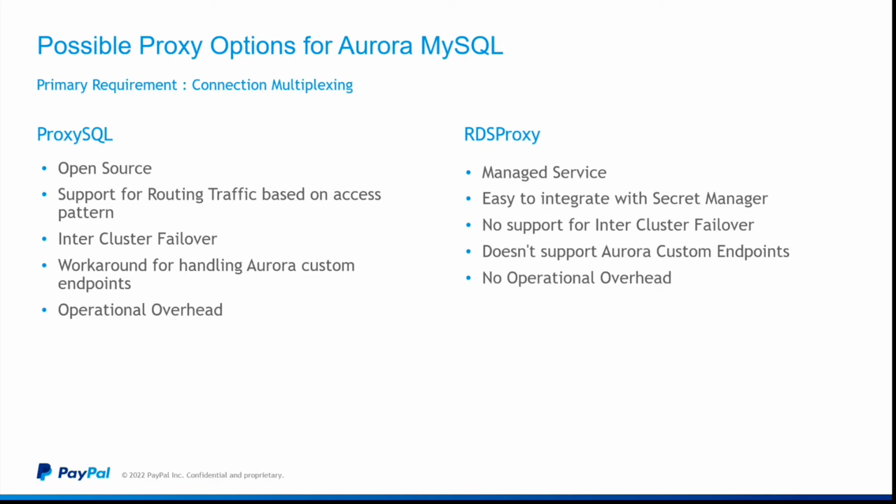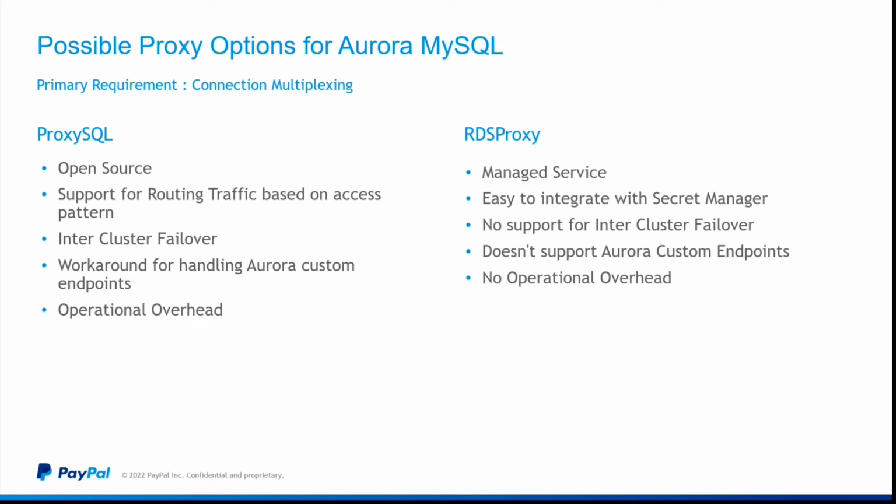Just keep in mind the primary requirement for us currently is connection multiplexing. We did consider other factors when comparing the two options, and some of the use cases that we had while deciding which option to go with.